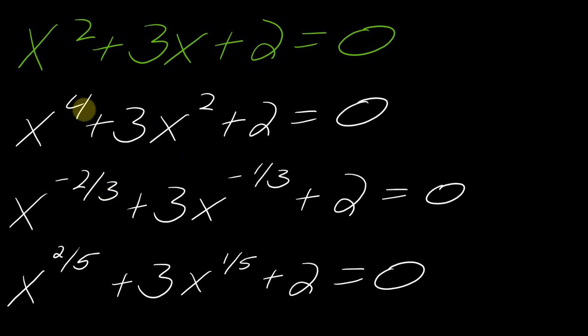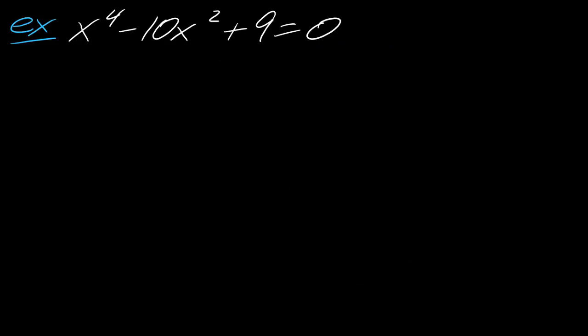And so you can still leverage quadratic form. I think the easiest way to handle something like this, x to the 4th minus 10x squared plus 9 equals 0, the way I like to teach it, is to use substitution. We create a new variable, let's call it u, and we set it equal to the lowest of the two exponents, okay?